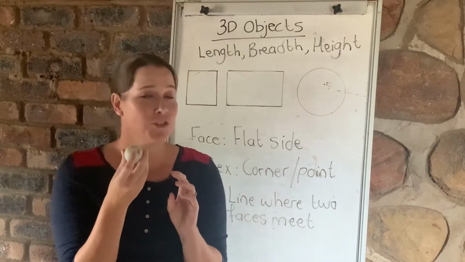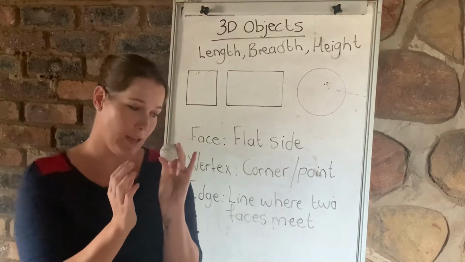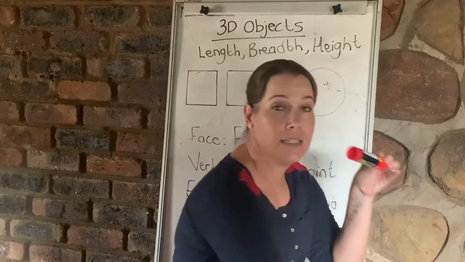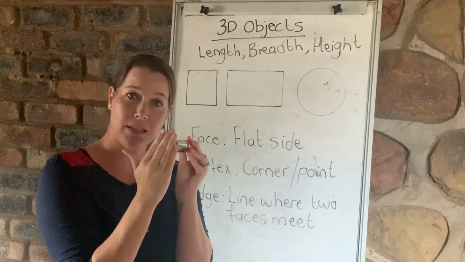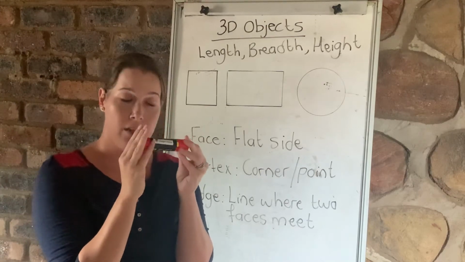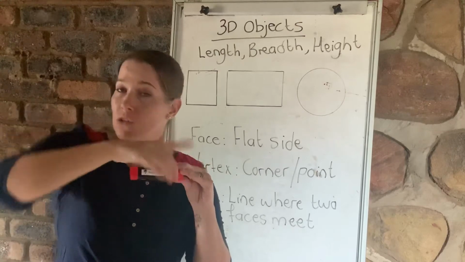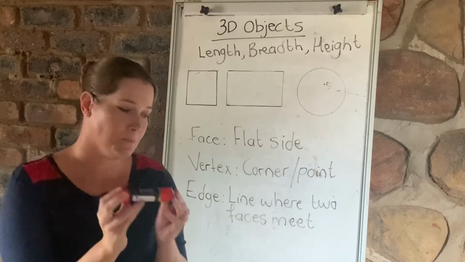So a sphere has no faces because there are no flat parts to a sphere. That is important. If we look at a cylinder, for example, it will have 2 faces. It will have the flat side on this side, which is a face, a flat side on this side, but the curved side is not a face. So a cylinder will have 2 faces.